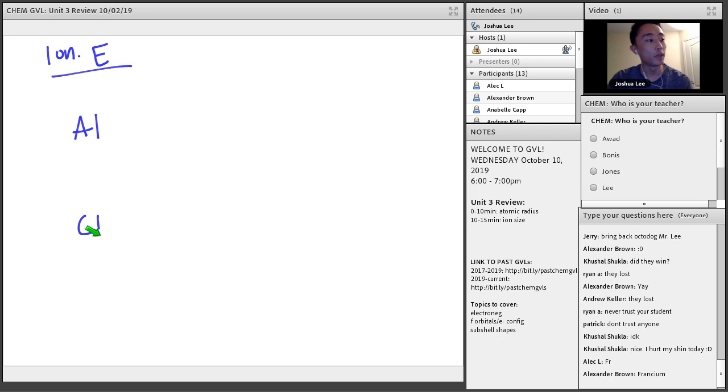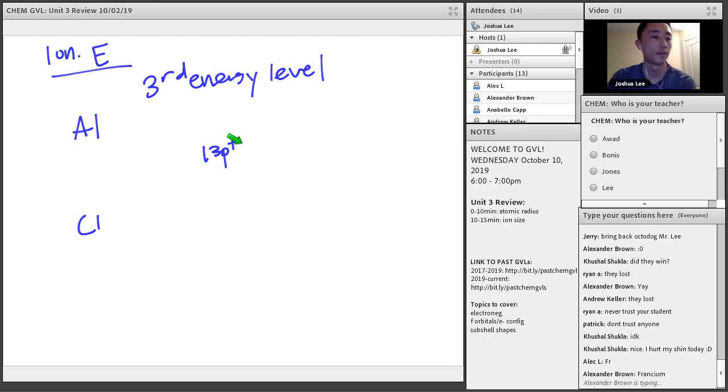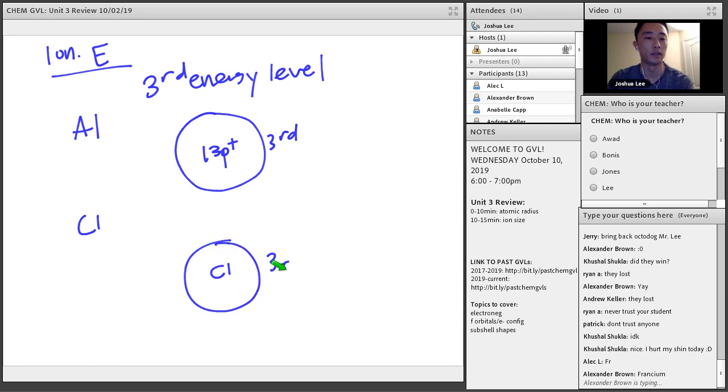They're both in the third energy level, so their highest energy level is the third energy level. Aluminum has 13 protons, and let's just draw it like that. So this is the third energy level. Chlorine, same thing, third energy level, but chlorine has 17 protons.